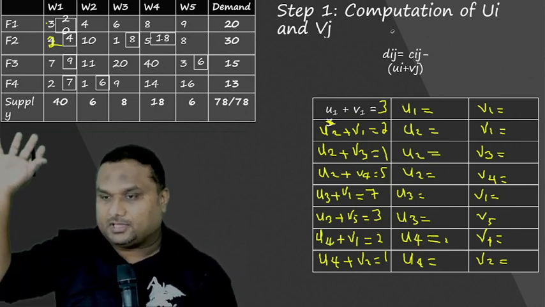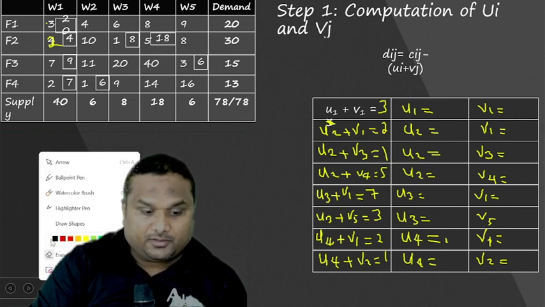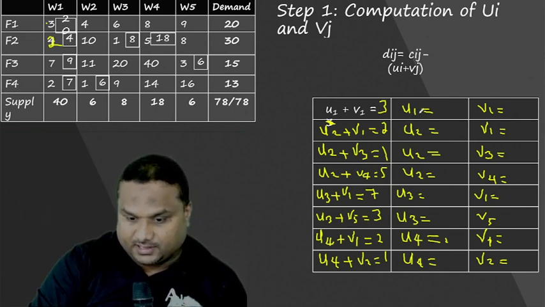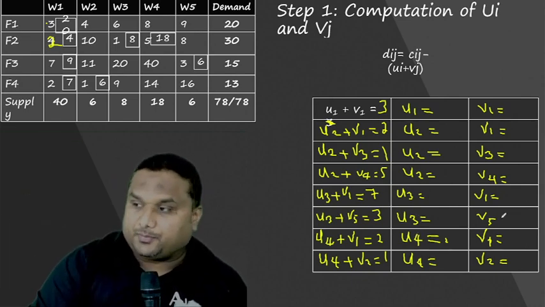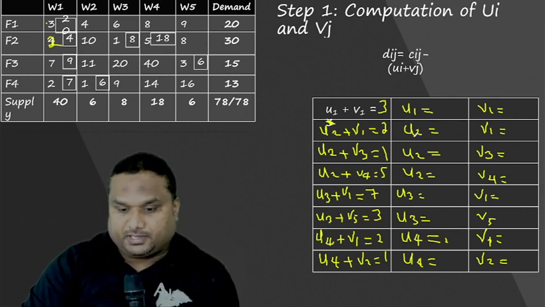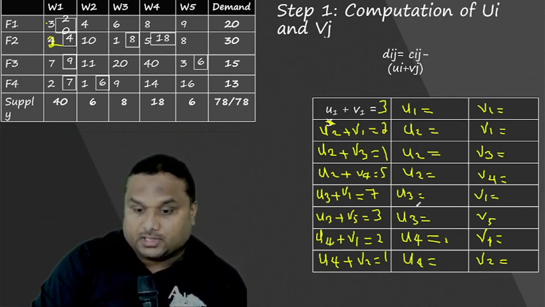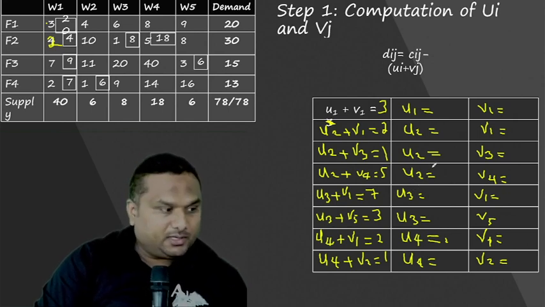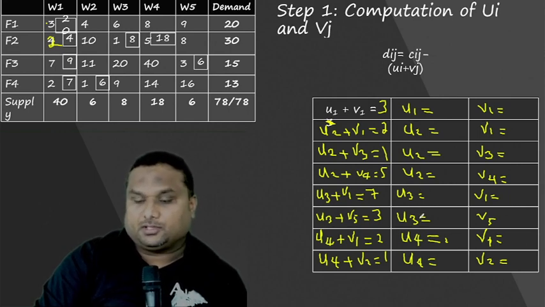Are you ready? Now let me count which value is repeated most. Please check. U1 is repeated how many times? Only one time. It is not repeated, am I right? U2: 1, 2, 3. How many times? 3 times U2 appeared. Now U3 appeared how many times? 2 times.